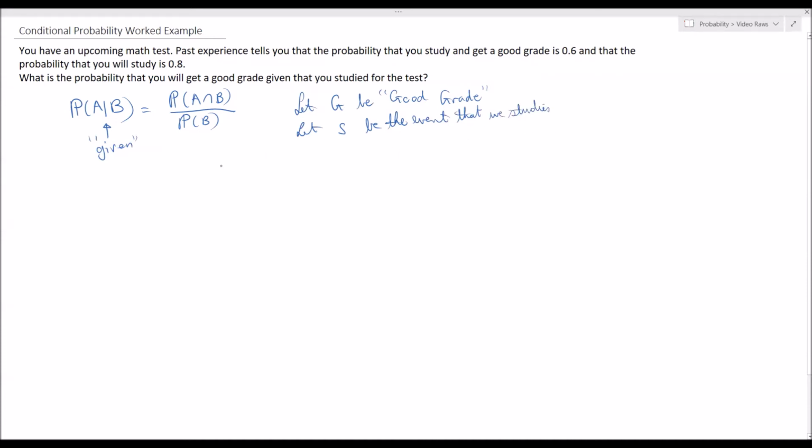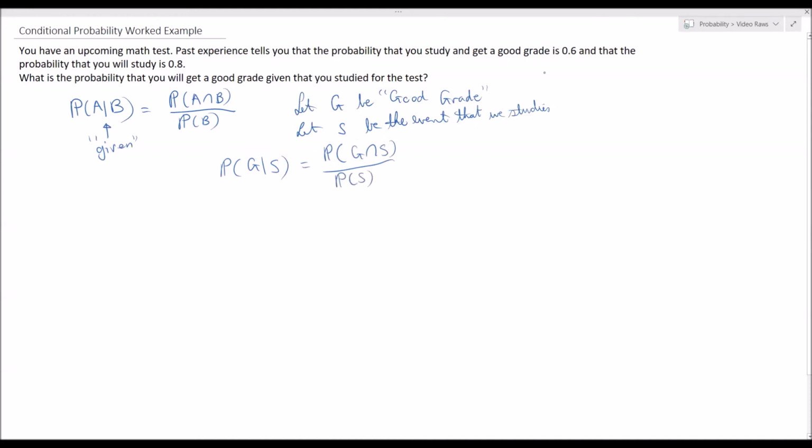So the probability that we're interested in is the probability that we get a good grade given that we studied for the test. This is going to be equal to the probability that we have a good grade and that we studied, over the probability that we studied for the test.